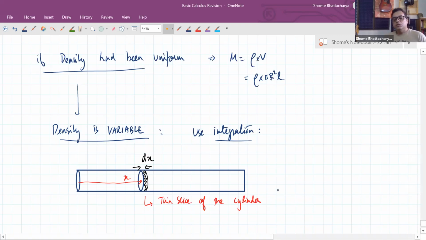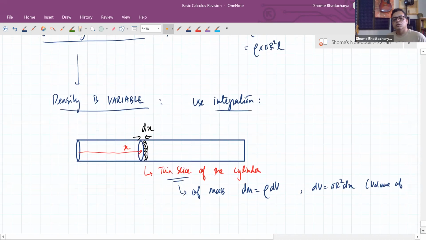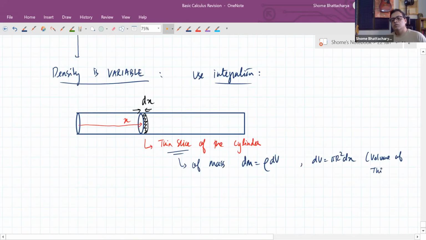And next, we will say that the mass of that slice will become density into volume of that slice, where its area into thickness is the volume of the slice, which is pi r square into dx.